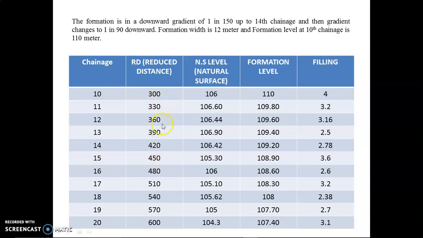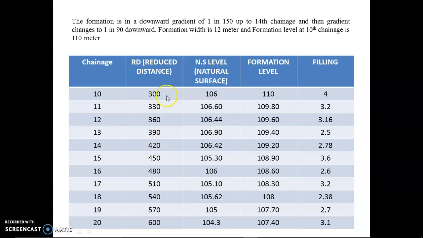Now 1 in 150 means that at every 150 meters we have to reduce our level by 1 meter. So if you count 30, 30, 30 as the difference, 30 plus 30 plus 30 is 90, plus 30 is 120, plus 30 is 150. So up to 150 we have to decrease by 1 meter.